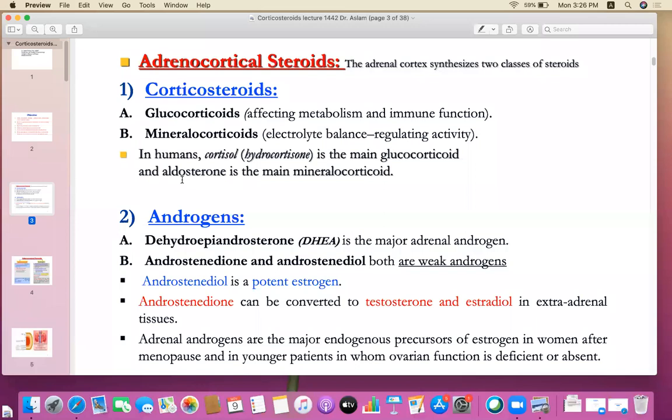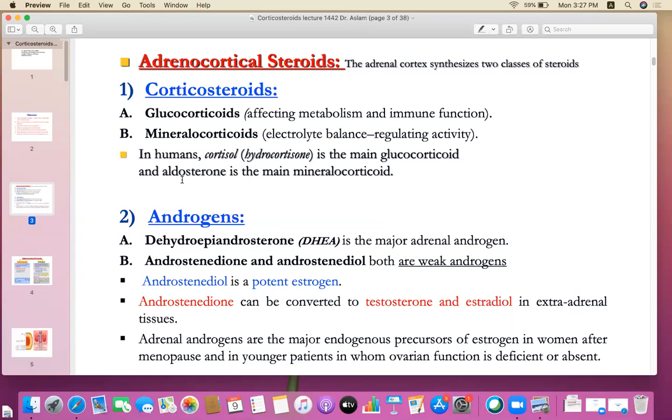So in conclusion, the natural, endogenous glucocorticoid in our body is cortisol or hydrocortisone, which is responsible for maintaining stress response and overall metabolism plus immune function.